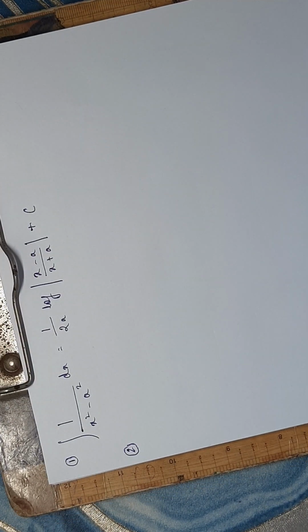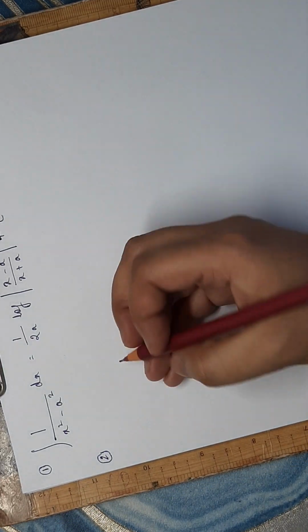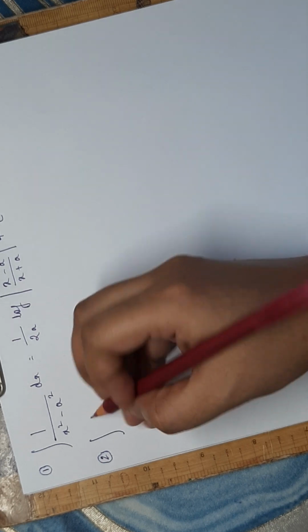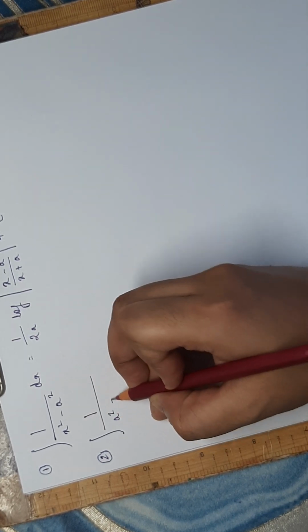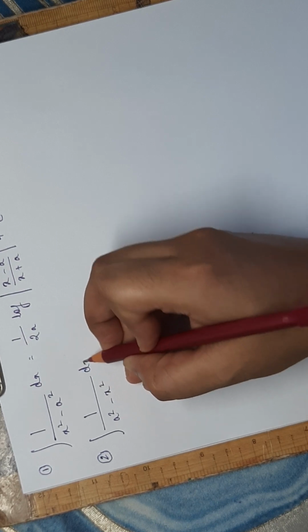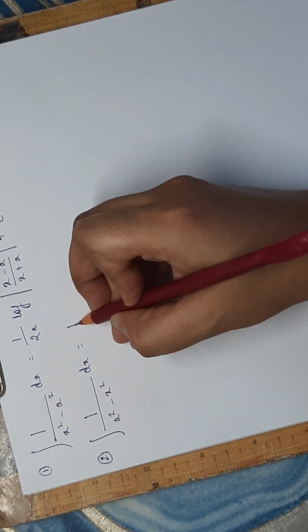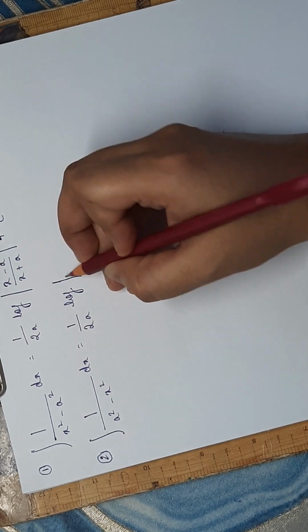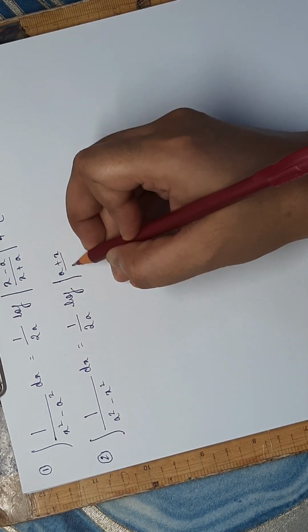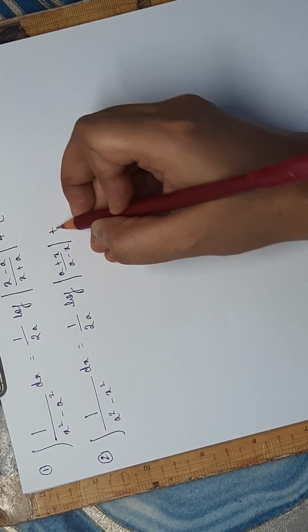Second, integration of 1 by a square minus x square into dx. This will be 1 by 2a into log of a plus x divided by a minus x plus c.